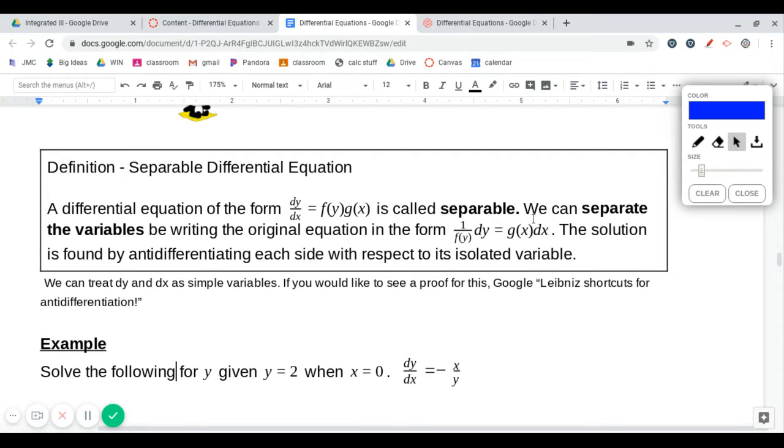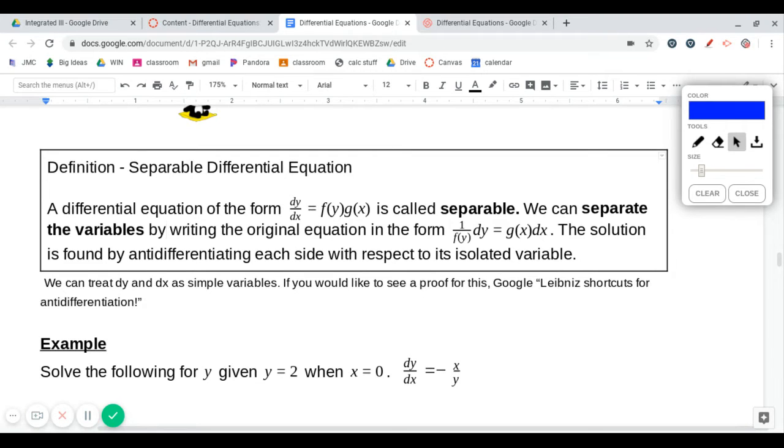So, what we're going to do is separate the variables by writing the original equation in this form. 1 over the function of y dy equals the function of x times dx. So we're going to get all of the functions of y on one side, all of the functions of x on the other side, separating the variables.